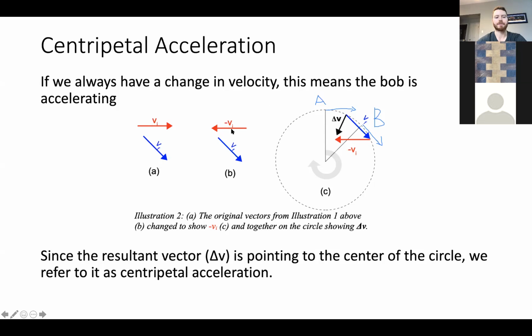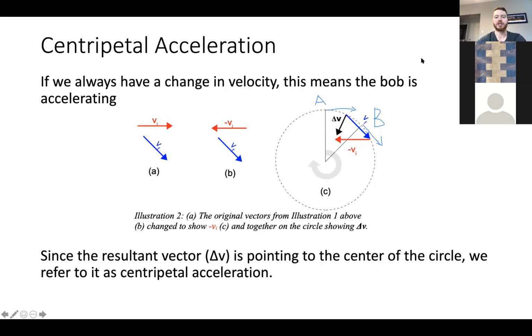If we flip the direction of the initial velocity, so if we are saying right is positive, we're just going to flip that velocity vector. So now it's in the negative direction, and we're going to leave our VF alone. So our VF velocity is pointing this way, our negative initial velocity is pointing back to the left. So our resultant velocity is right here. It's pointing to the center.